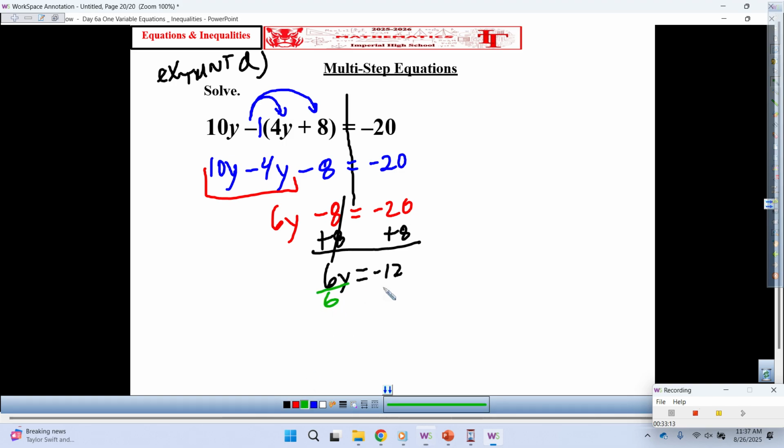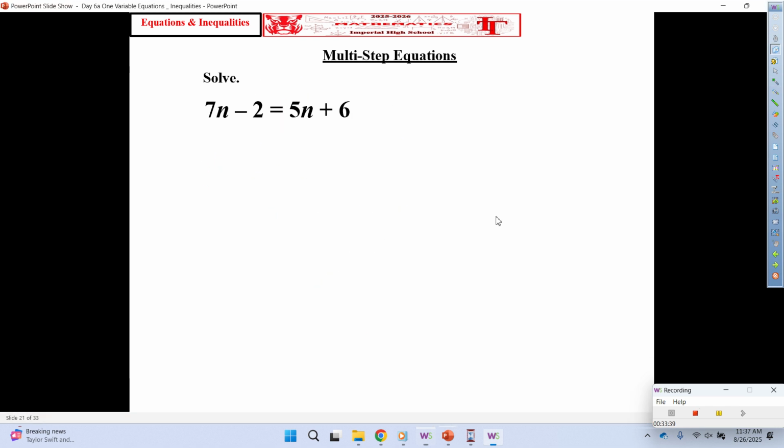And last but not least, divide by 6, y equals -2. How we doing? From 1 to 5, how comfortable are you with these? With parentheses? Yeah, 5s, 4s, 3s. All right. Let's do another one. Copy this one.